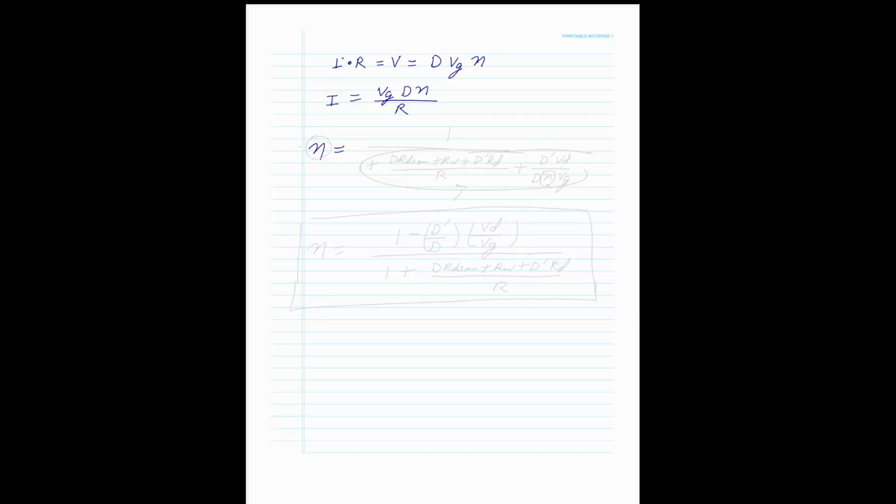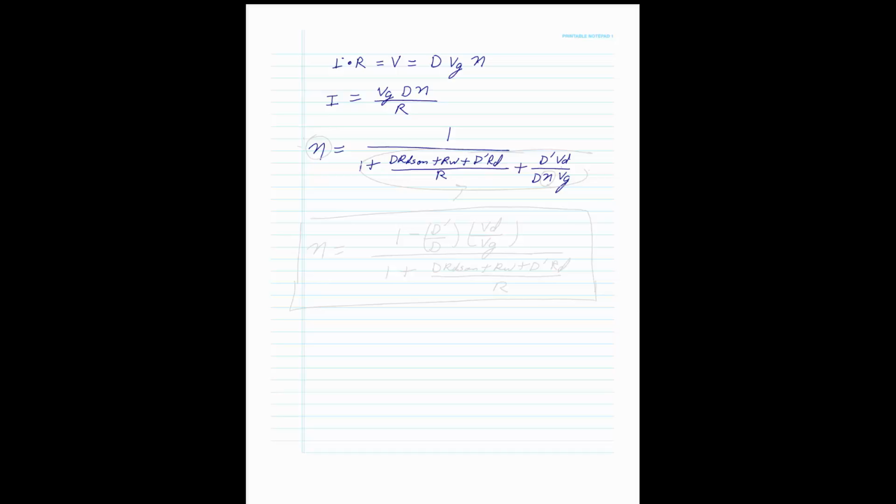And this becomes the efficiency is 1 over the stuff that we had before: D RDS on plus RW plus D prime RD over R, plus, substituting that I, D prime V sub G over D and V sub G. That's VD over V sub G. That's where those terms come from.